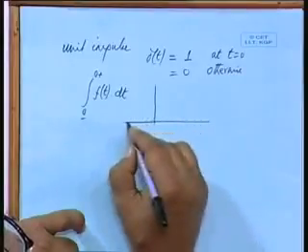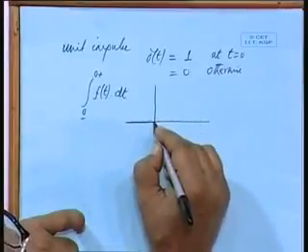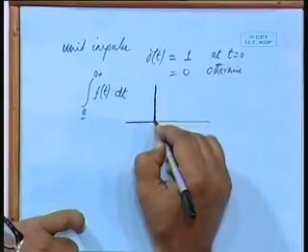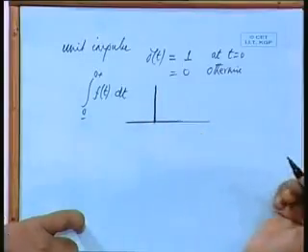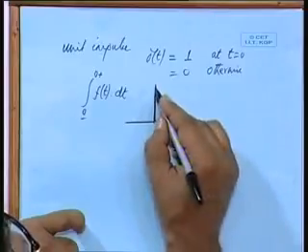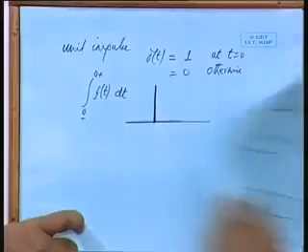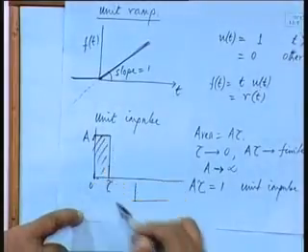That means the function is coming here, its magnitude is very, very large and its duration is very, very small, and then it is going, and this thick line represents something equivalent to this area, all right.